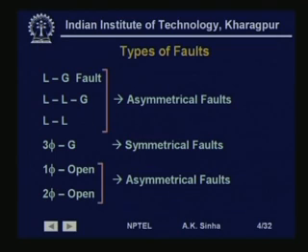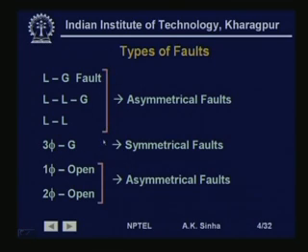As we discussed in the previous lesson, there are different kinds of faults which occur in power system, such as line to ground faults and line to line faults. These are asymmetrical faults. Similarly, three phase to ground fault is a symmetrical fault.